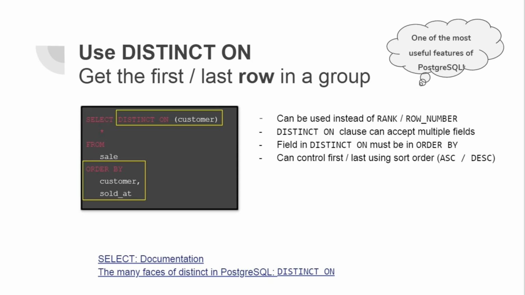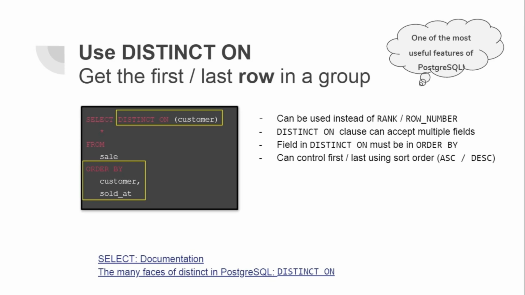It's a special syntax which Postgres has, and it lets you basically do something like a group by, but without actually grouping the rows. Instead, using a combination of distinct on and order by, you can get the first or last row in a group.